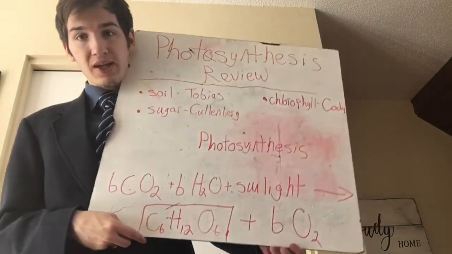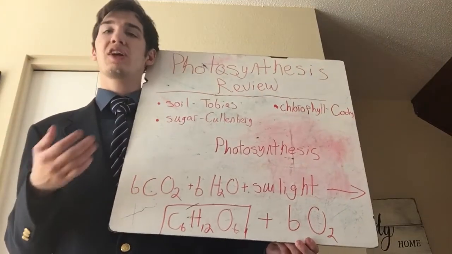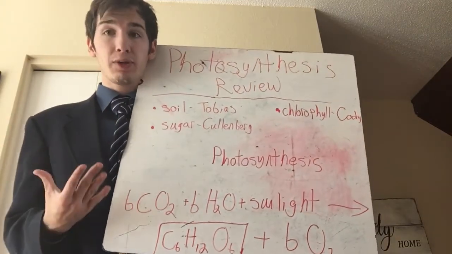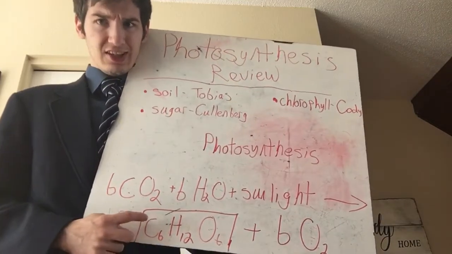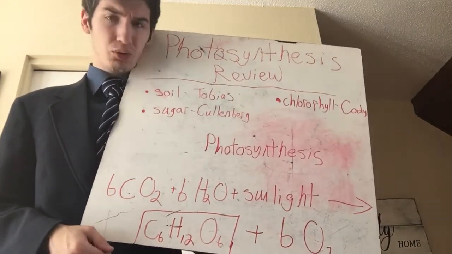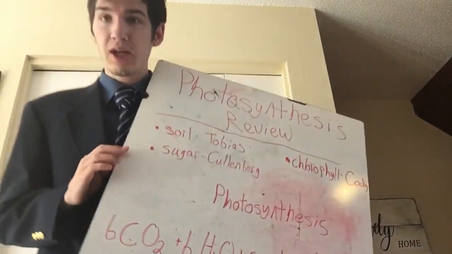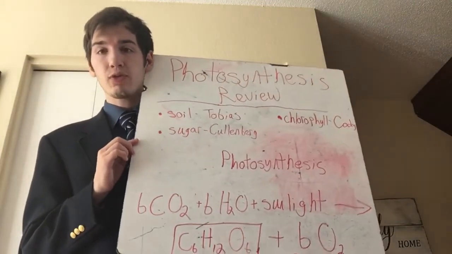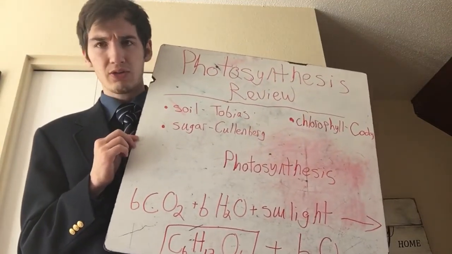Then plants make 6 O2. O2 is just oxygen. That is what we breathe in. I'm thankful that plants make oxygen. We need that. What the heck is this? What is C6H12O6? That's glucose. Okay? Glucose is what we talked about before we left. That is sugar. Why do plants make sugar?